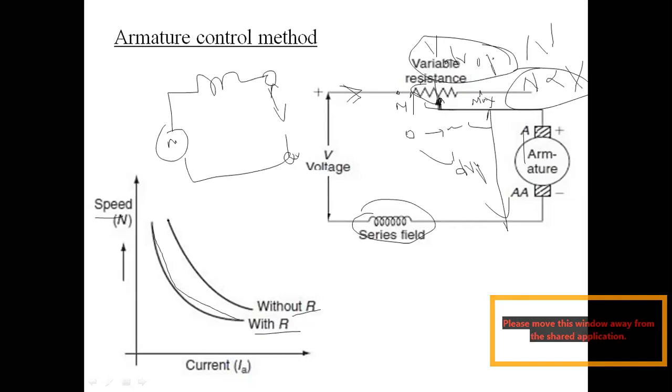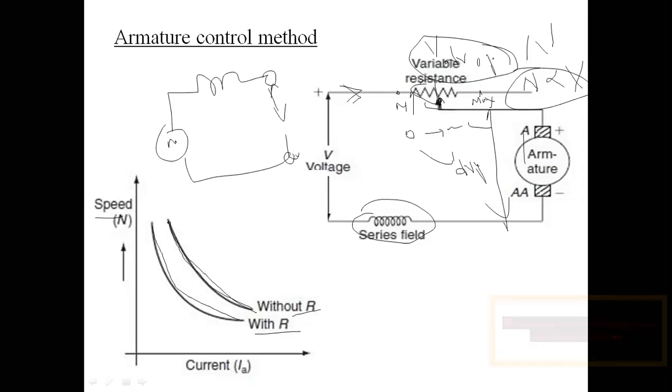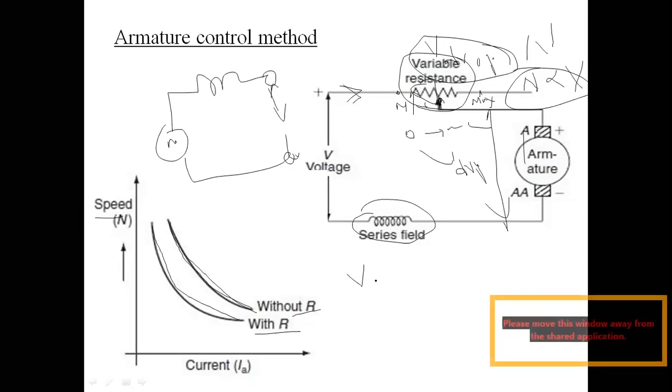Sorry, this is the characteristic without resistor. When we connect the variable resistor to the armature, by the decrease of the voltage, the speed is going to decrease.